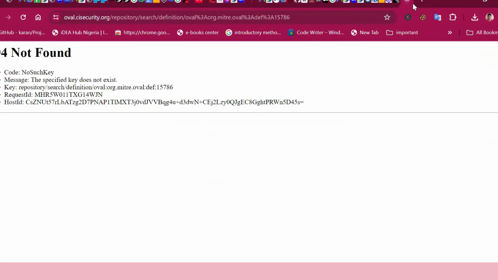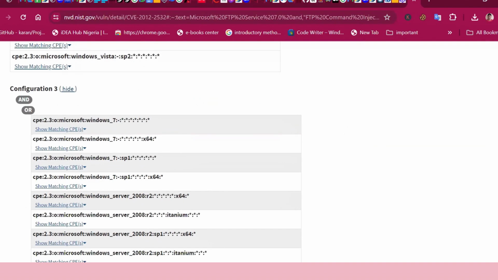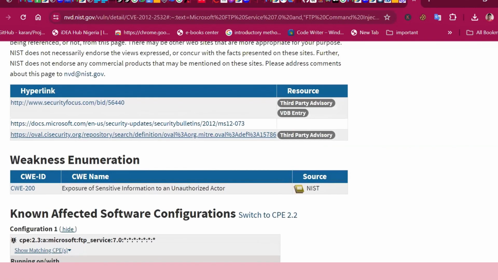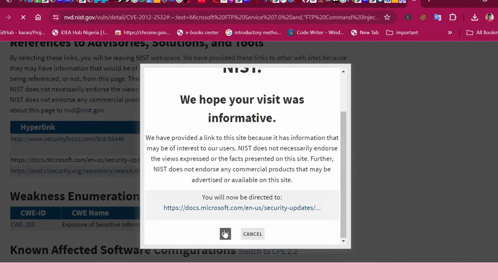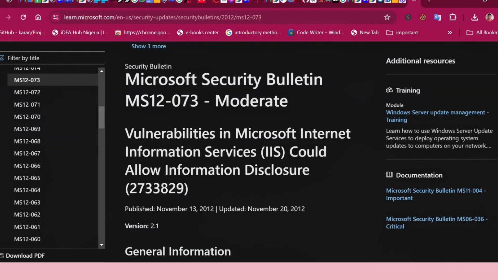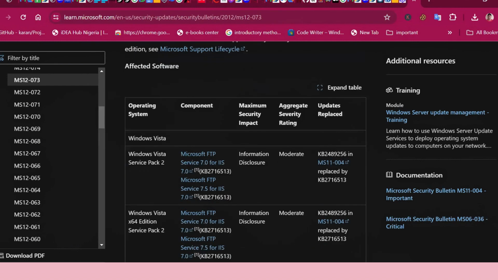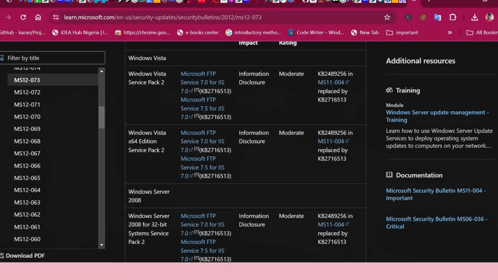Okay, so these guys are just showing us the patch for fixing the vulnerability.